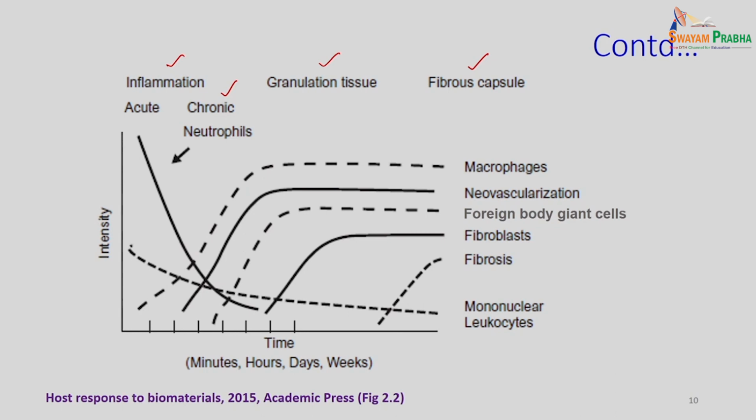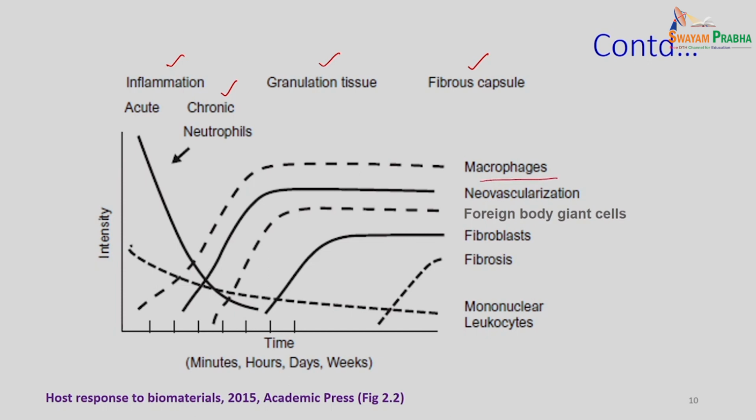Here you can see the intensity. Acute inflammation's intensity starts in the very first few minutes and slowly decreases. During chronic inflammation, again leukocytes will be there, and again it is going to decrease with time.